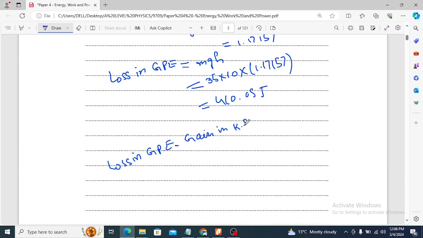So the loss in potential energy we calculated in the previous step is 410.09, and the kinetic energy will be calculated as 1/2 into mass 35 into 4 square, which is 280. So the final calculation gives us the work done against resistance, x, as 410.05 minus 280.